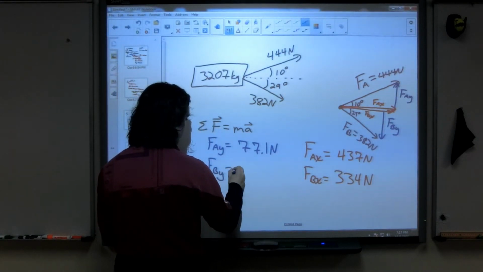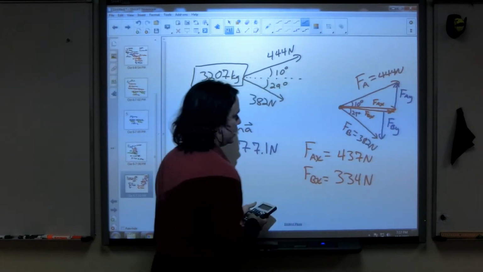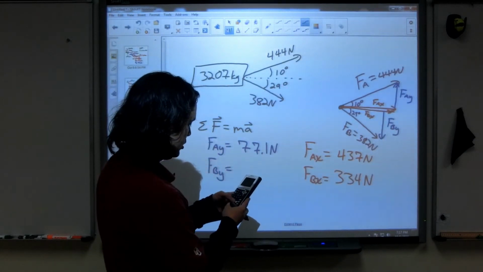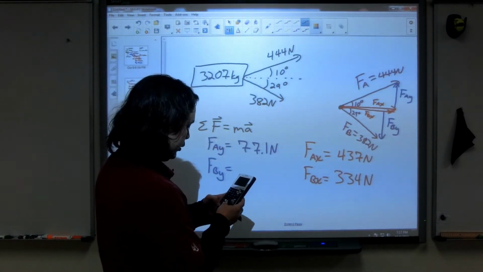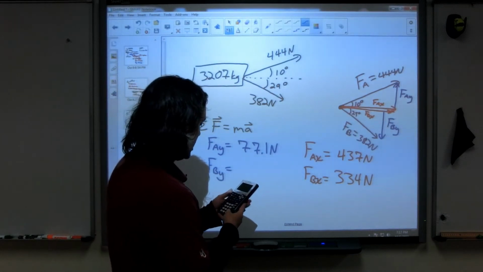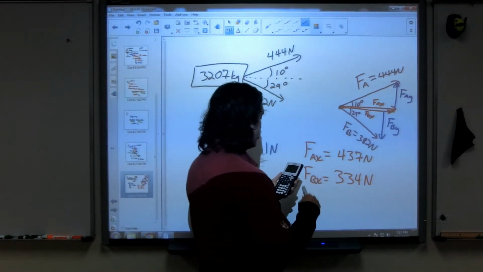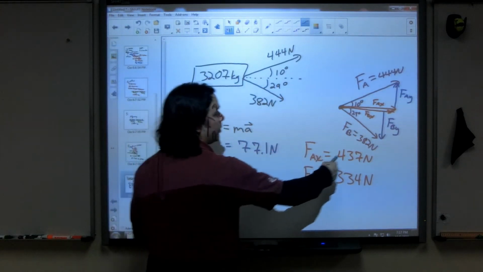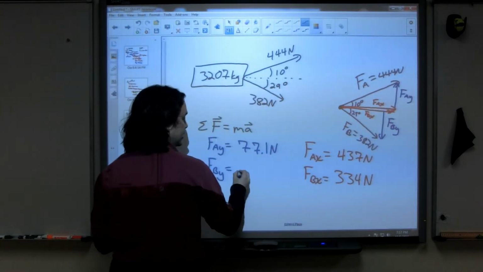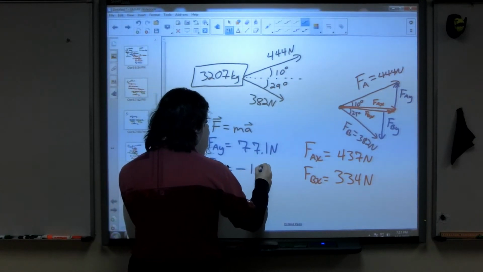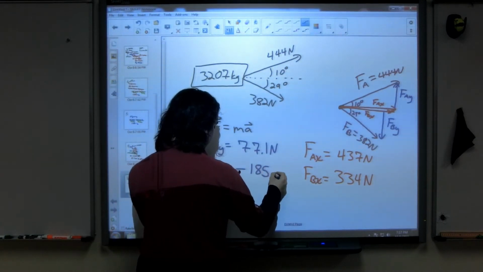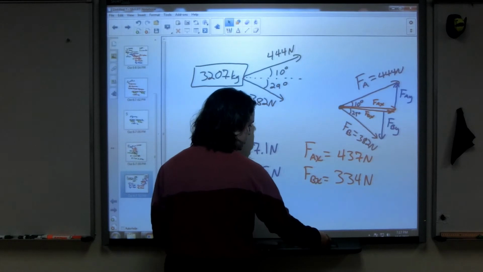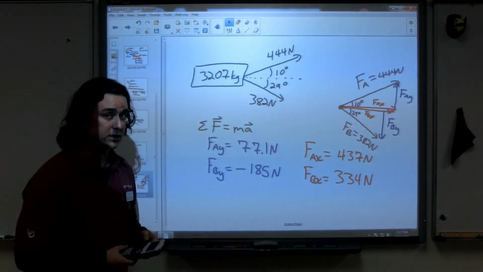FBY, my y component for B. Now I'm going to do 382 times sine of 29. I get 185, technically 0.2, but remember, this one is down. I need to keep track of the direction, so that's negative 185, technically 0.2 newtons.